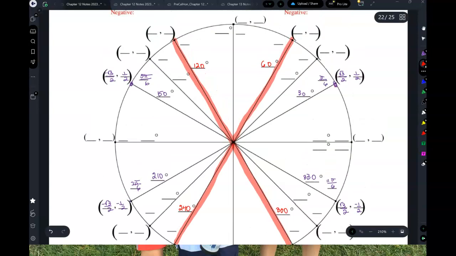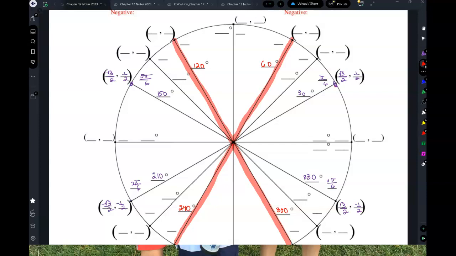They're always 60 away from the nearest x-axis. So this is 60 away from here. This is 180 here. 60 away is 120. Well, the 150 is 30 away.